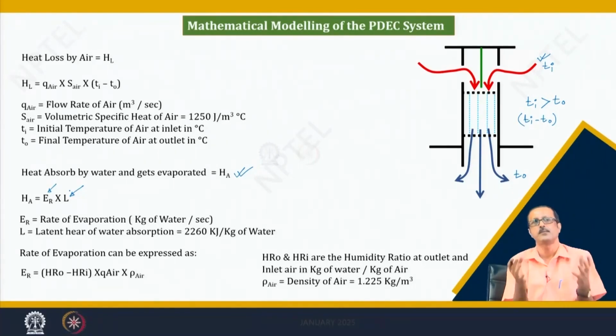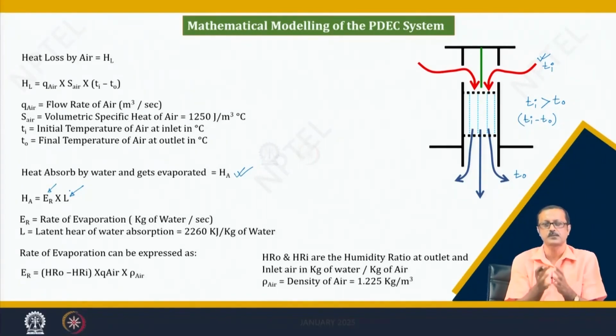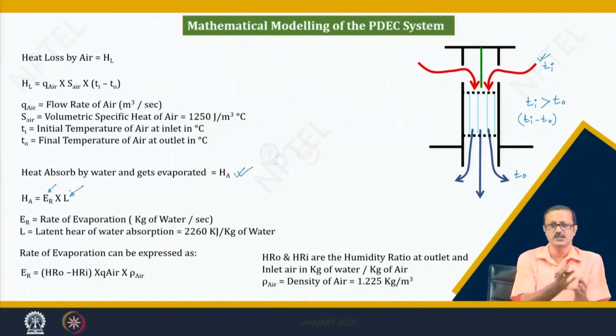The rate of evaporation is how much per second is evaporated. Water was in a liquid state, and after 1 second how much water from the liquid has become vapor.